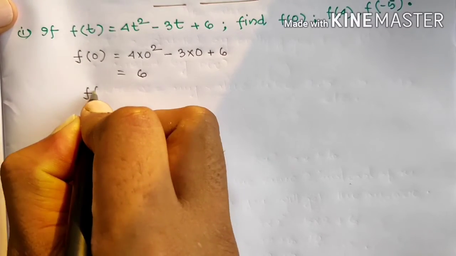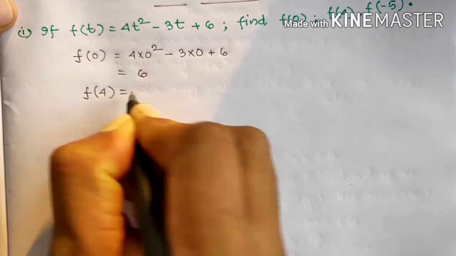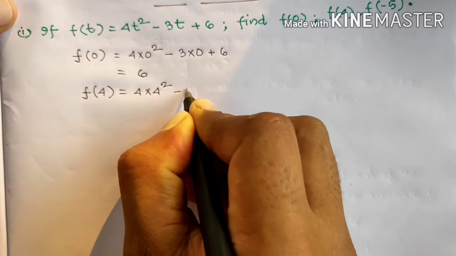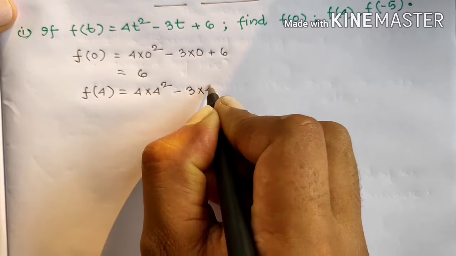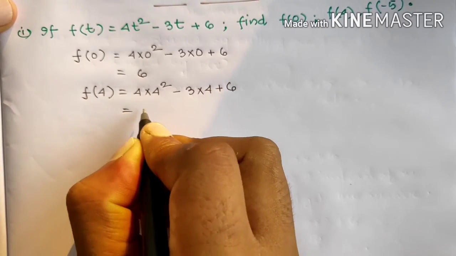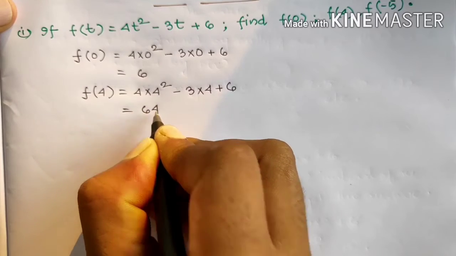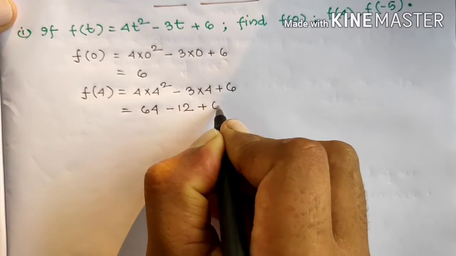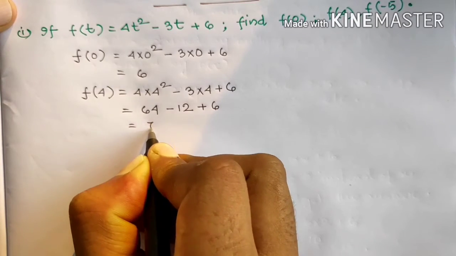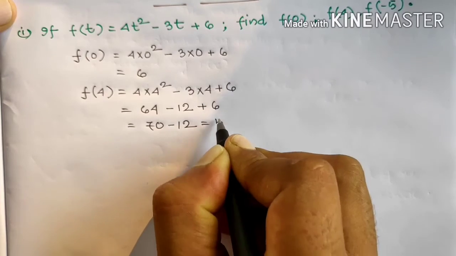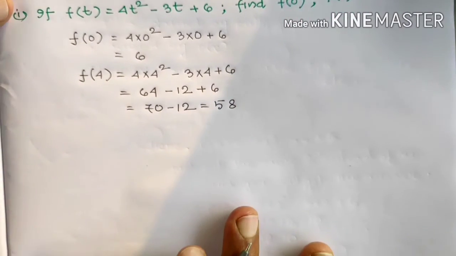For f of 4, 4 into 4 square minus 3 into 4 plus 6, which gives 64 minus 12 plus 6 equal to 70 minus 12 equal to 58.